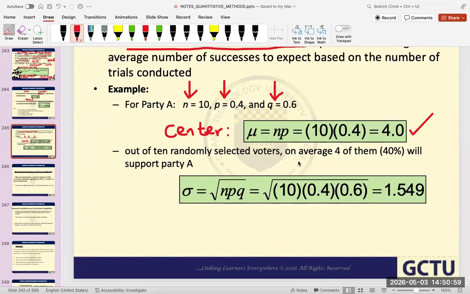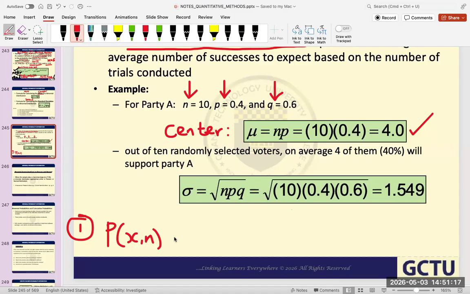In other words, the three formulas you are supposed to know for the binomial distribution are as follows. For the PDF or the shape, you need to know this formula so you can pick it in the formula sheet.